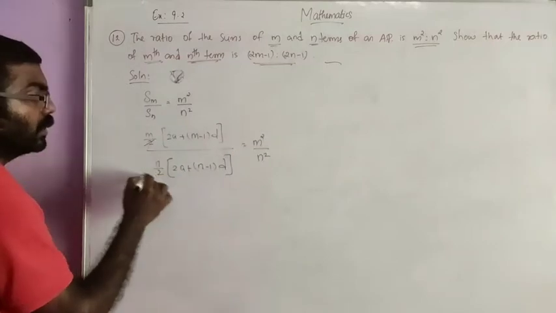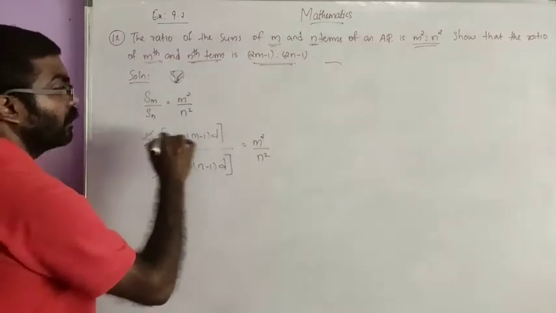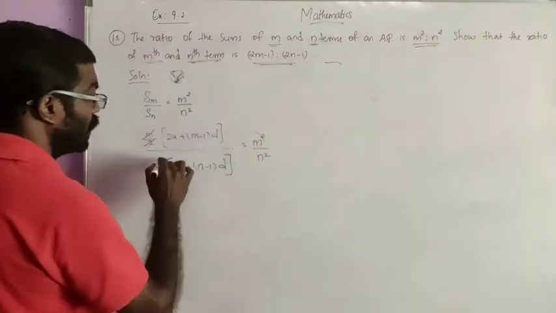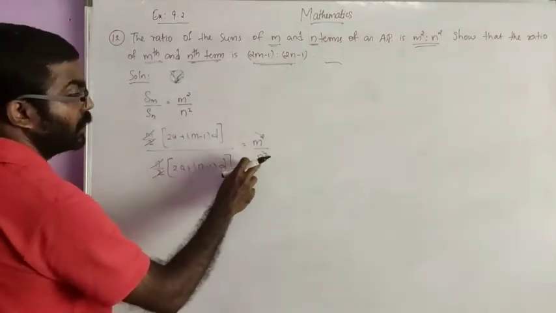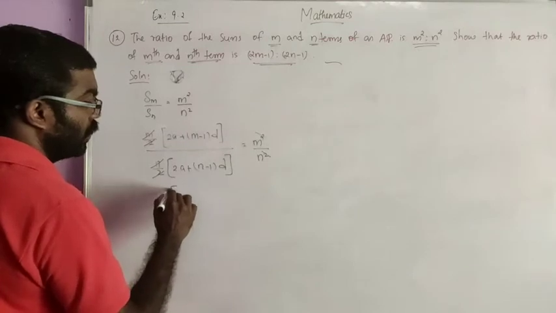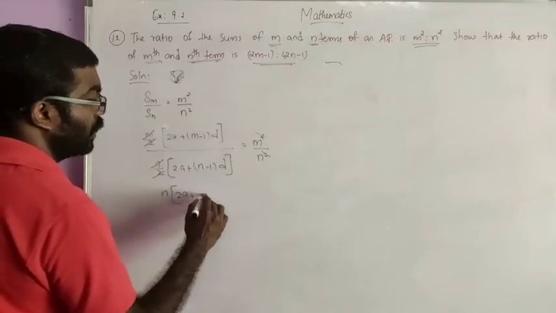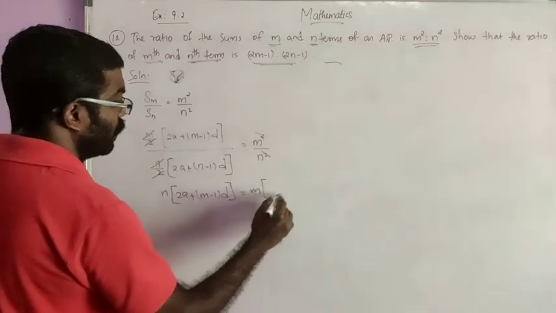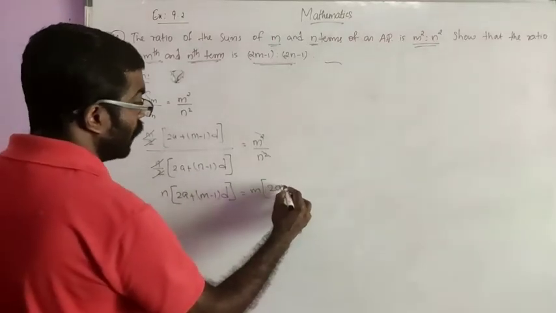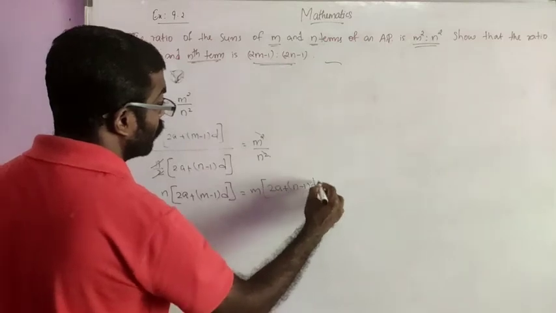Here we can cancel this 2, then 1 m, here this square, here also n and this square. Now we can cross multiply this n. So n into 2a plus m minus 1 into d is equal to m into this term 2a plus n minus 1 into d.